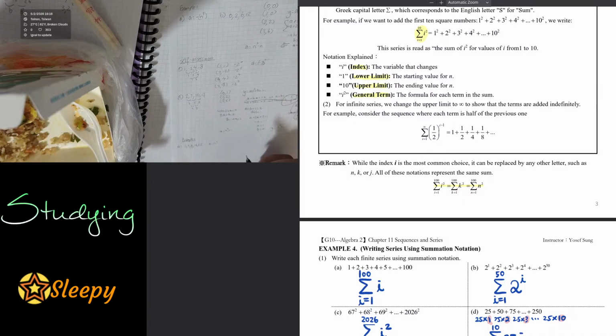An equilateral triangle. Aha. It's a triangle. So it's 1. Okay, so it's 1, 3, 6, 10, 15.